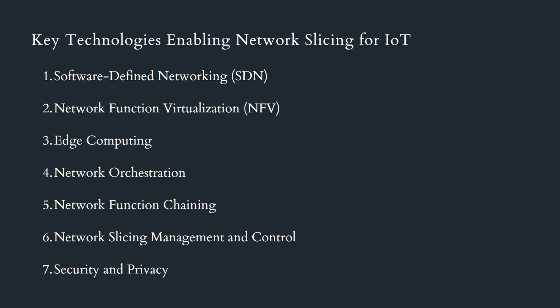For that to happen, we have to enable many technologies, and some of the key technologies are software defined networking, network function virtualization, edge computing, network orchestration, network function chaining, network slicing management and control, security and privacy, and so on. These are the technologies that are basically used for implementing network slicing.